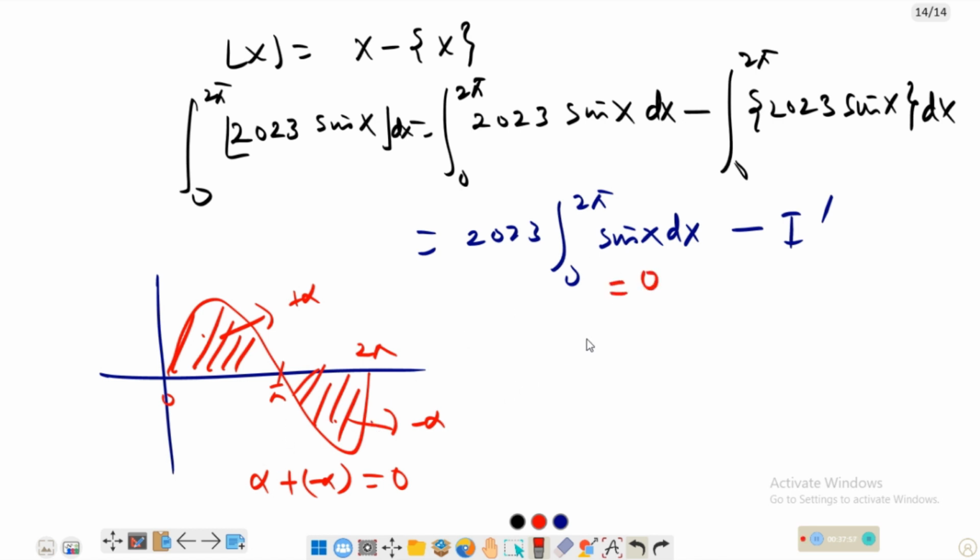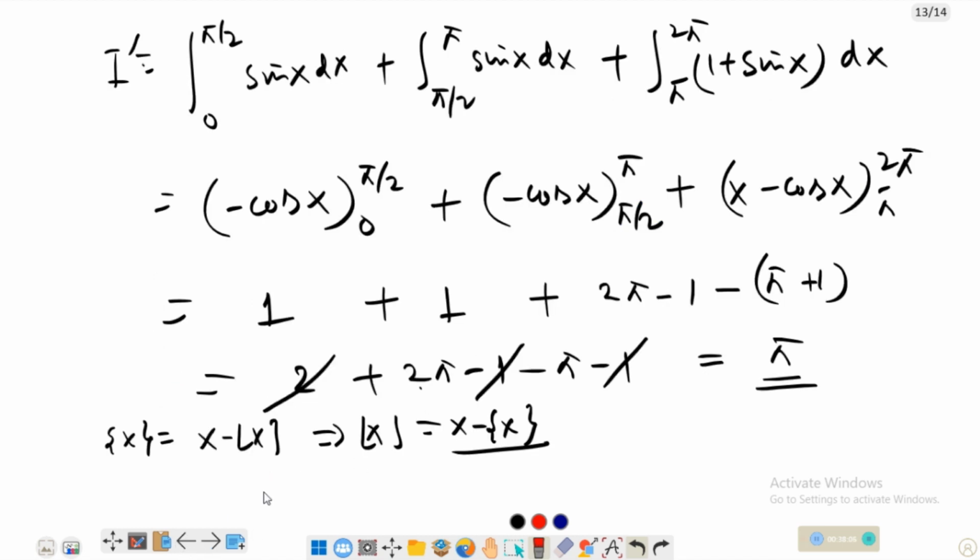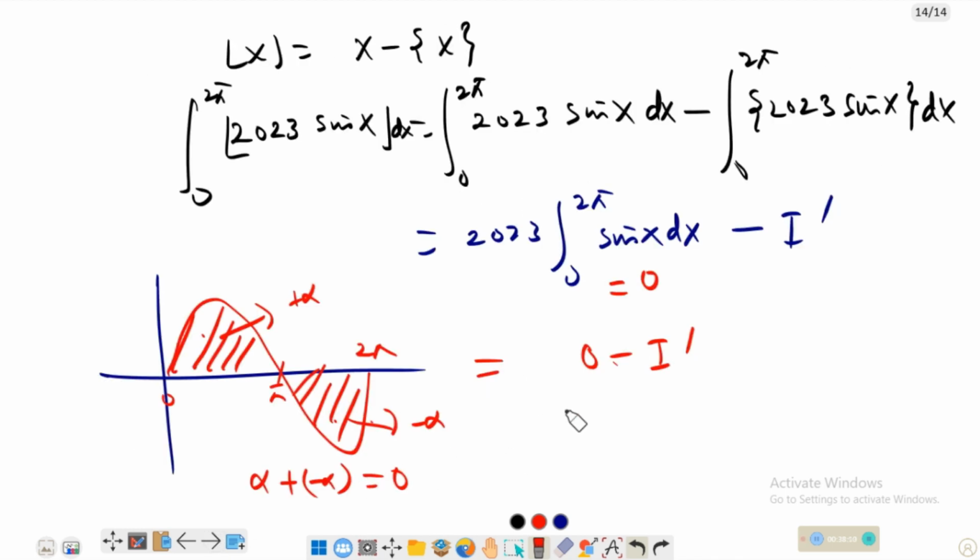So 0 minus I dash, and I dash is equal to pi, which I calculated here. So my original integral is 0 minus pi, which is equal to minus pi.